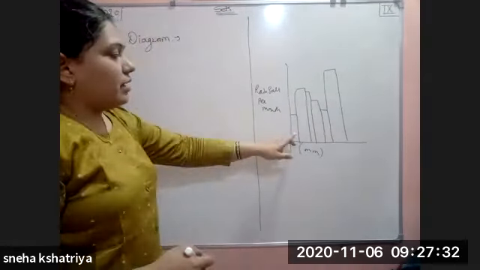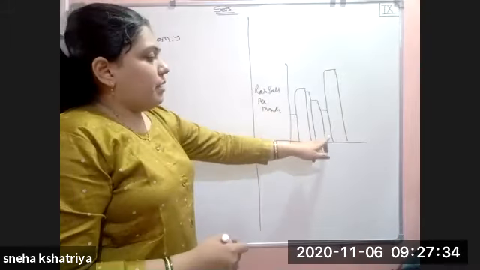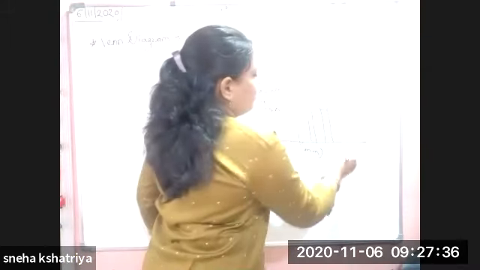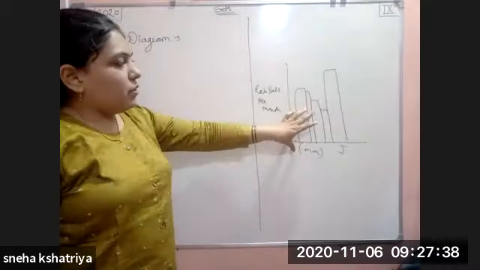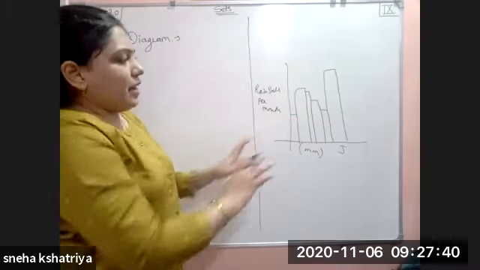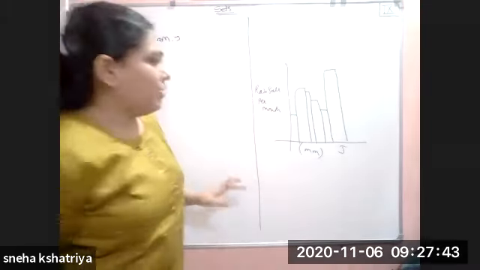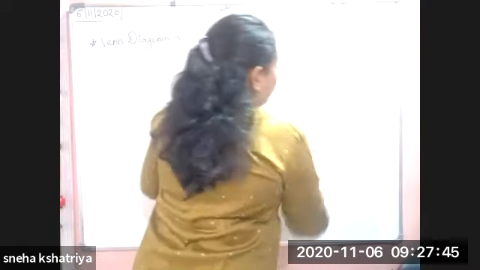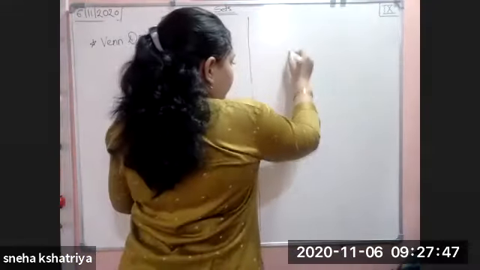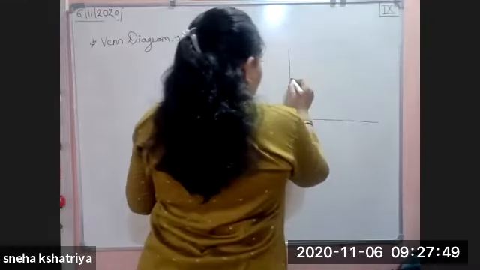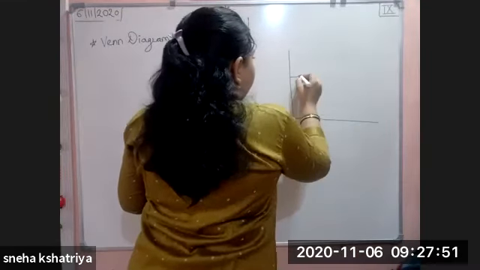Then if I say here Jan, Feb, March, April, May, June, so here comes June. So by using this pictorial diagram, we can directly... it is not drawn accurately, so I'll draw a little bit proper one.